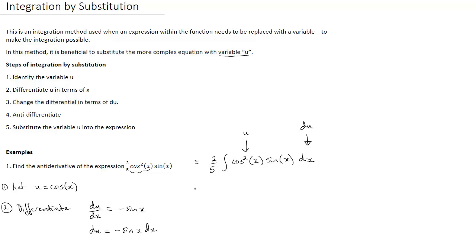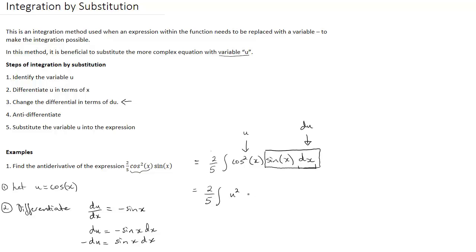In the third step, we're going to change the differential in terms of du. At the moment, our differential is dx. So we're going to change that into u squared, and then we can see that if we move that negative over to the other side, sine x dx is actually minus du.